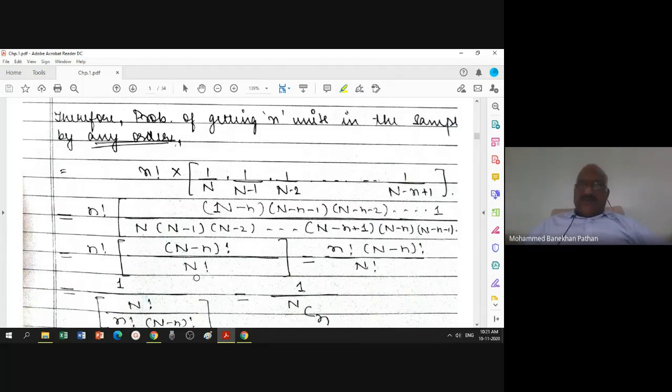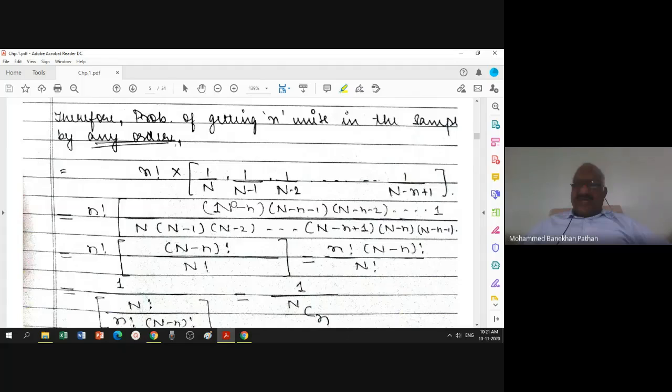For example, 5 factorial equals 5 multiply 4 multiply 3 multiply 2 multiply 1. Similarly, here I start with N, keep on decreasing by 1 in the product, and I stop at 1. So this product is nothing but factorial N. What about the numerator?